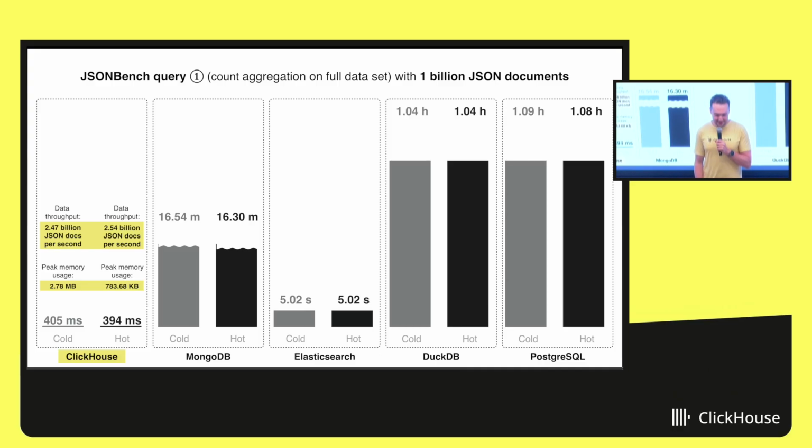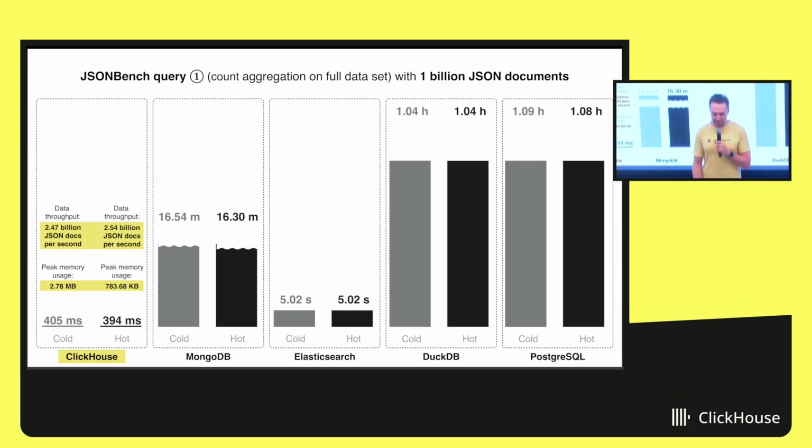MongoDB takes 16 minutes, so I don't even want to know how much memory it uses. Elasticsearch gives the second best result, but with 5 seconds, it is about 10 times slower. And if you try to compare with DuckDB, don't even try. DuckDB will spend more than 1 hour for the same query.